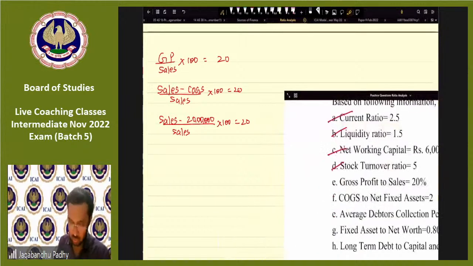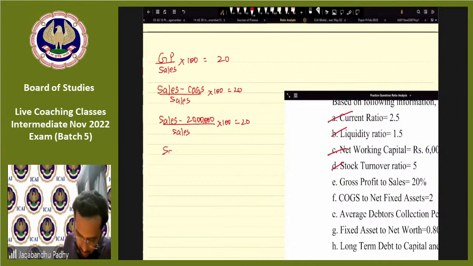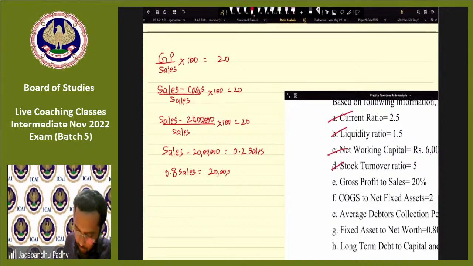Okay, now over here we have to get the value of sales. Sales minus 20 lakh is equal to 0.2 times of sales. Sales minus 0.2 times of sales is 0.8 times of sales, which is 20 lakh.